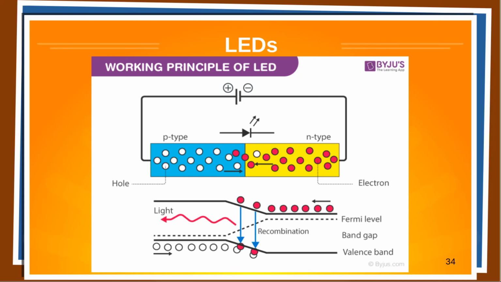Because the hole is going down to a lower level, it's going back into the valence energy band. So that energy gets released, and some of it can produce light, some of it can knock another electron out, or some of it can create heat.